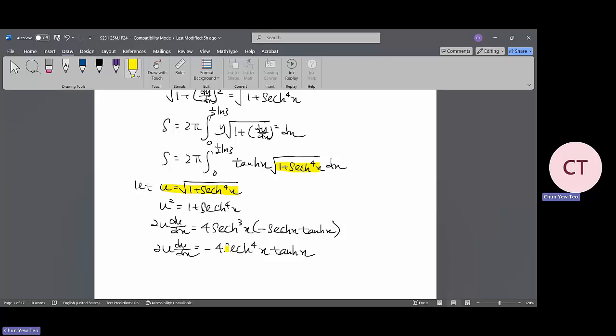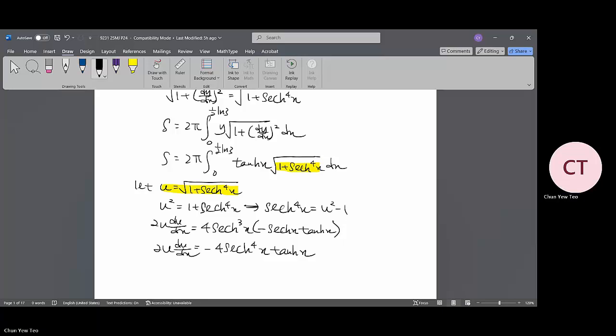We are ready to replace this to become u, but we have a problem to settle. From here, we can get that sec to the power of 4x is u squared minus 1.